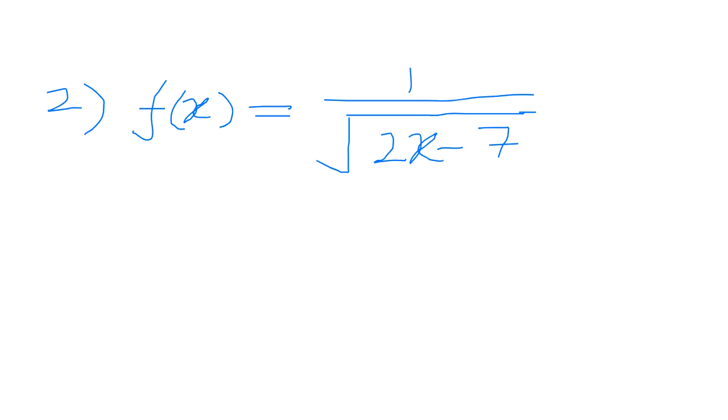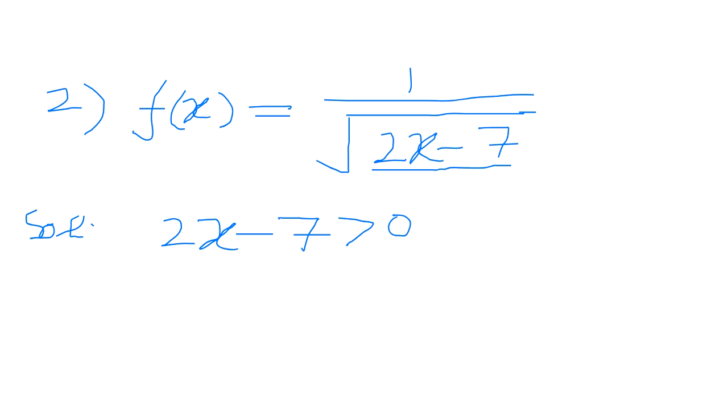Same method, same rule. So here 2x minus 7 must be greater than 0. Just use this one.